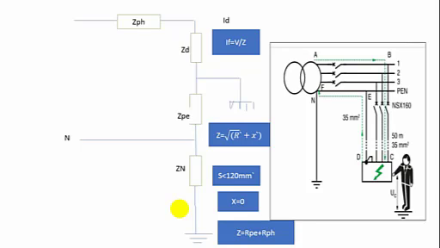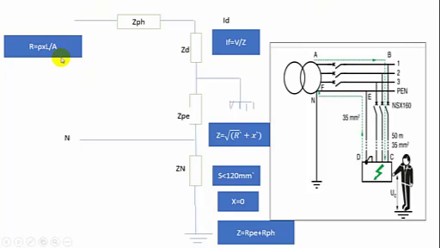We calculate it with this formula: resistance equals rho times the length of the cable per the section. For copper, rho equals 22.5 times 10 exponent minus 3 millimeter square per meter.